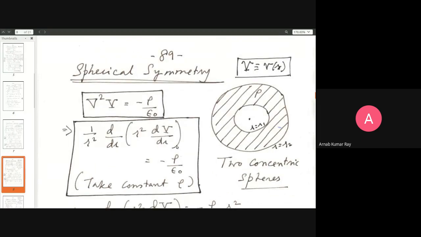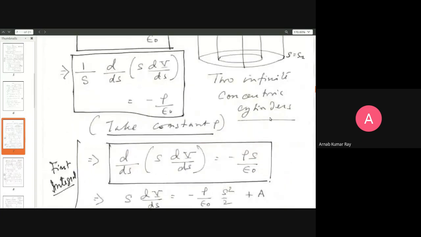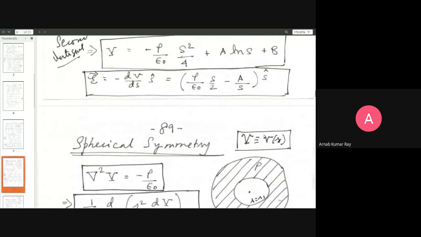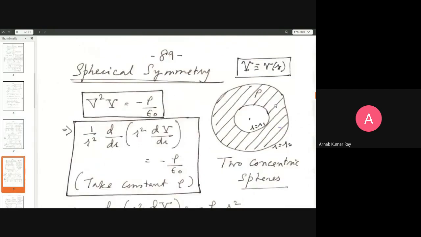In the Cartesian system, we worked with the z coordinate. But if we were to have worked with the x and y coordinates, it would have amounted to the same thing. Of course, in all of these equations, we are looking at the variation of the potential function with respect to only one variable. In the cylindrical coordinate system, that variable happened to be the s variable. And similarly, in the spherical system of coordinates, that variable was the radial variable r.